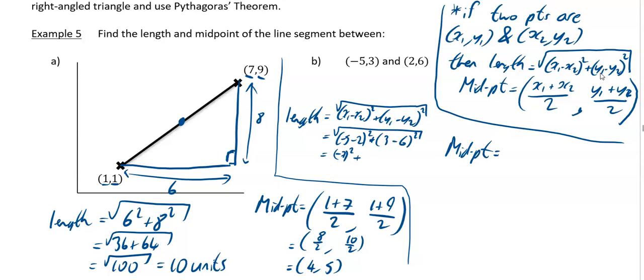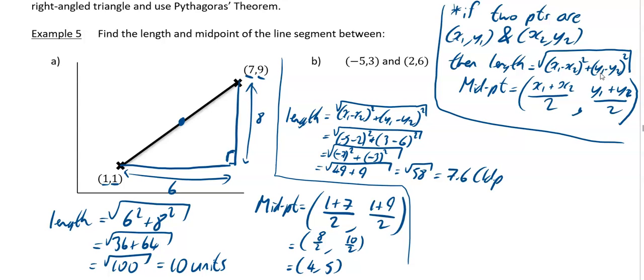And then plus your 3 minus 6, which is -3, squared. And you've got to do the square root of all of that, which works out to be the square root of 49 plus 9, which is equal to the square root of 58. We'll say that is equal to 7.6 to 1 decimal place.